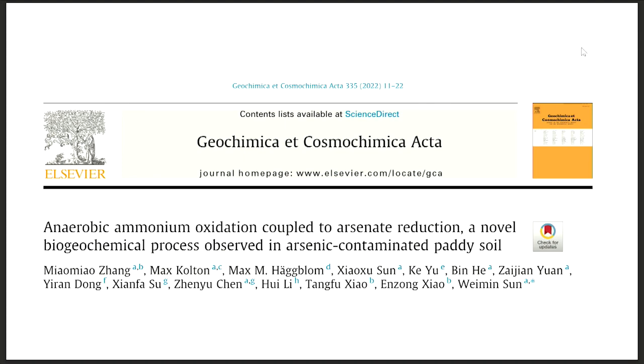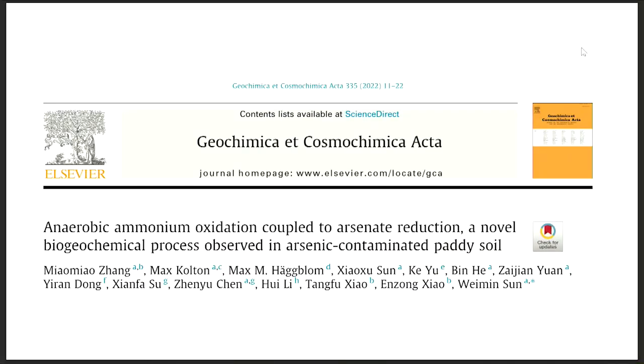Another example is anaerobic ammonia oxidation with arsenate. So you can reduce arsenate by using ammonia. That's also something really new. And that also tells you a little bit how tricky the thermodynamic calculations can be, because I wanted to present this here. So I checked the calculations, and then it turns out that something was maybe a little bit wrong.